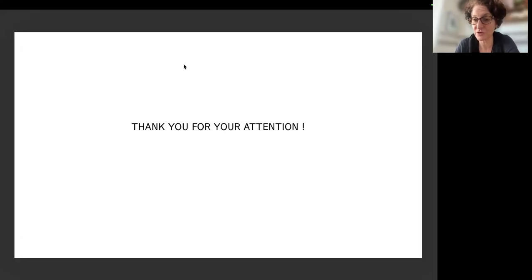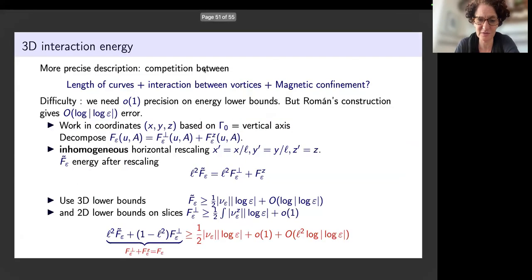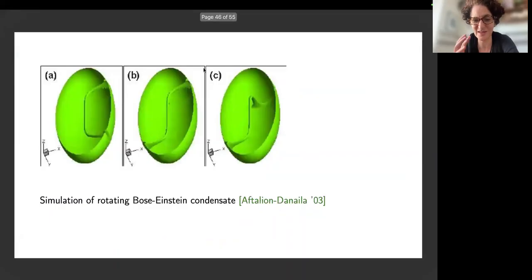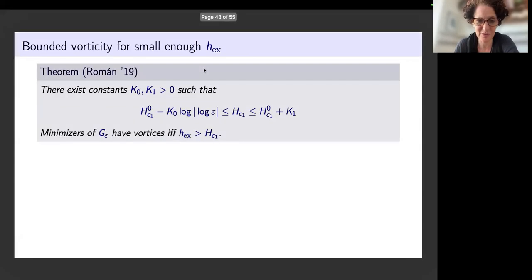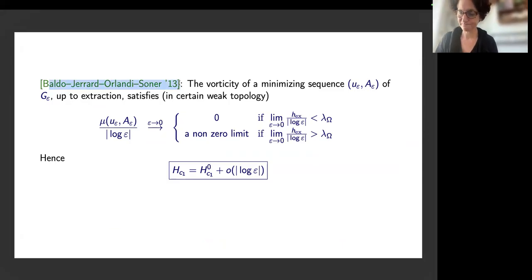Actually, it was even shown by Baldo, Gérard, Orlandi, Sonner. So it's a more complicated free boundary problem because it's kind of vector valued at the same time. I think I have a brief mention of it, but it's in that paper. So they're able to write a sort of analog of the free boundary.